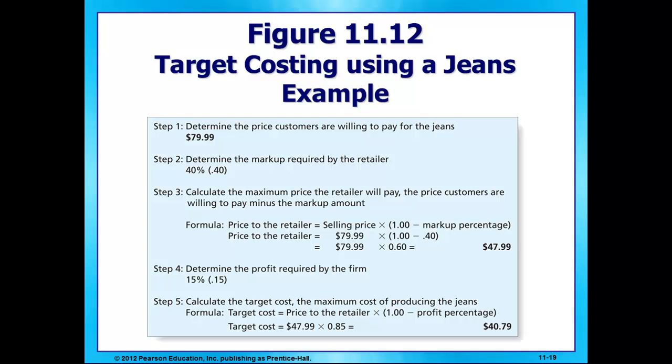We'll be talking about target costing extensively in class because it is a very controversial technique that essentially justifies why U.S. companies engage in outsourced production to substandard factories in countries like Thailand and China.